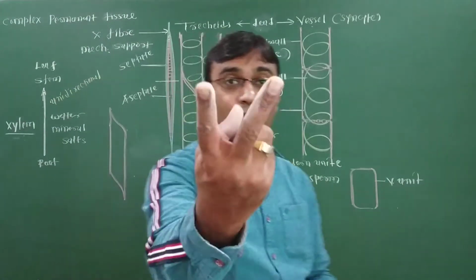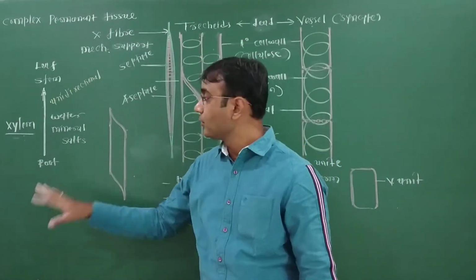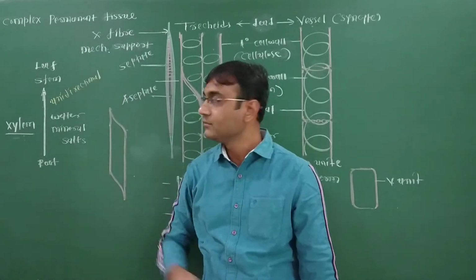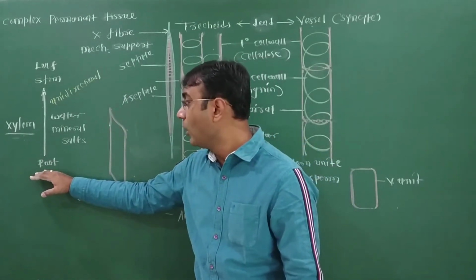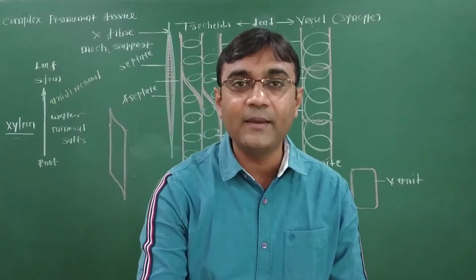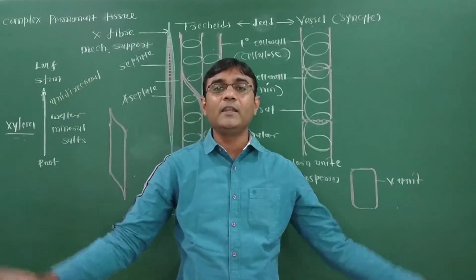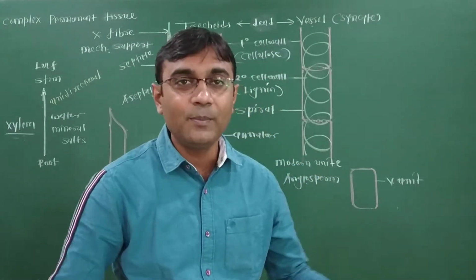So xylem has two functions. The main function is to transport water and minerals from the root towards the stem and leaf, unidirectionally, always from bottom to top. Plus, as xylem has xylem fiber, it provides mechanical strength to the entire plant body.